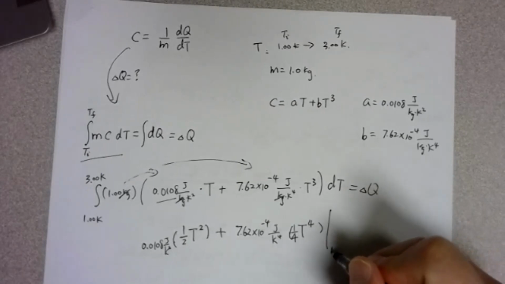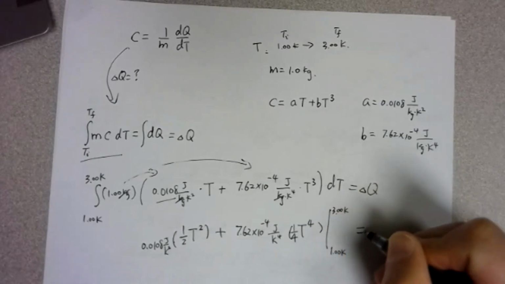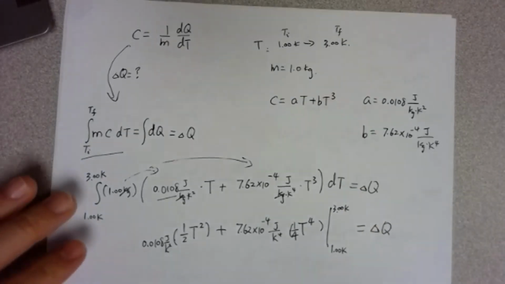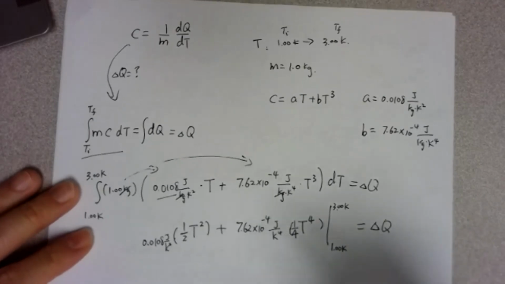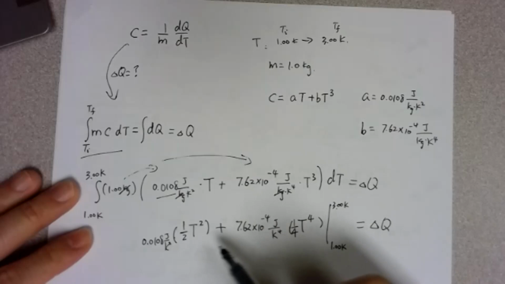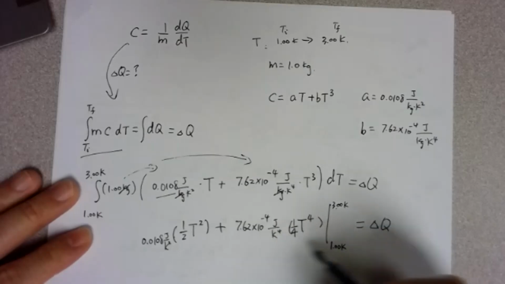Now you have the two limits, 1.00 K and 3.00 K, equals delta Q. What you do is plug in the upper limit, calculate what you get, and subtract whatever you get when you plug in the lower limit.